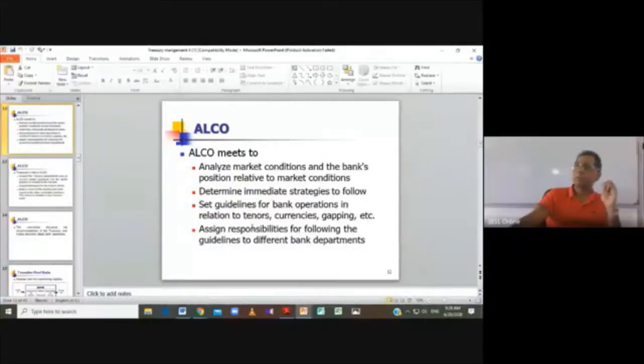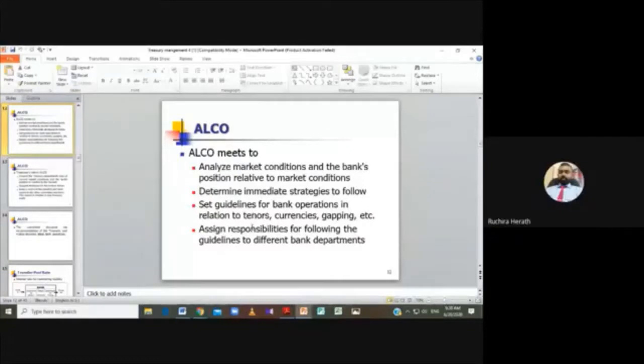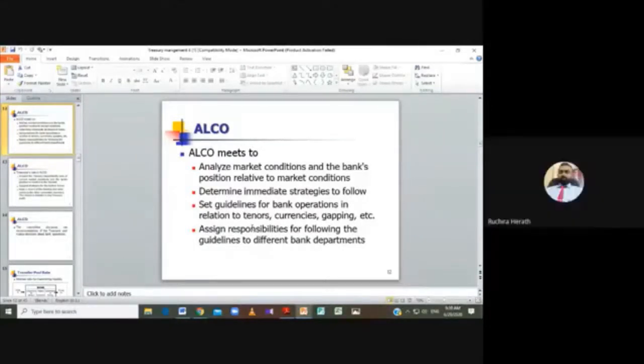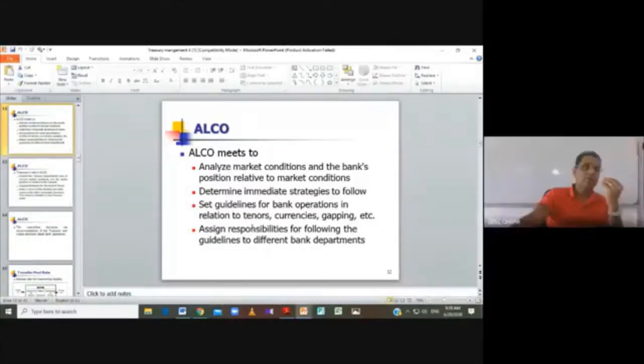For example, if there are a lot of reports coming out in the media, if a lot of analysis is already done, and the people sitting there are very conversant with what is happening, and they feel they have enough understanding of that particular economy, then probably semi-annually or even annually.